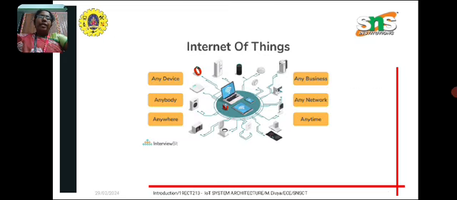These are the Internet of Things. In the Internet of Things, any device can be connected by anyone, wherever we want. We can connect for any business purpose, using any type of network, at any time. These are the devices that we connect by using the internet.